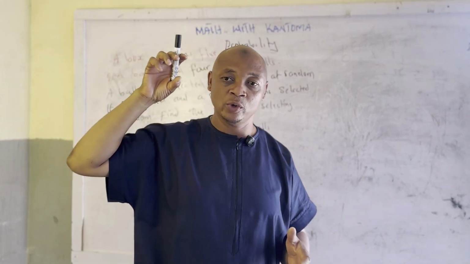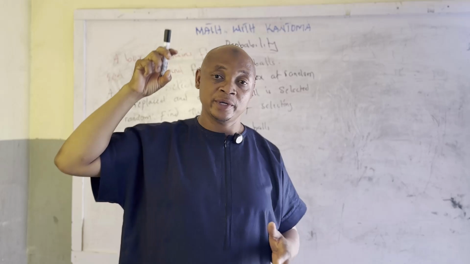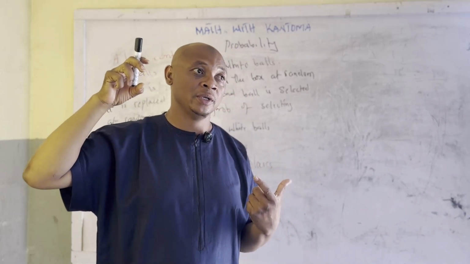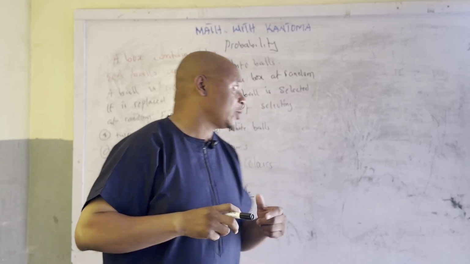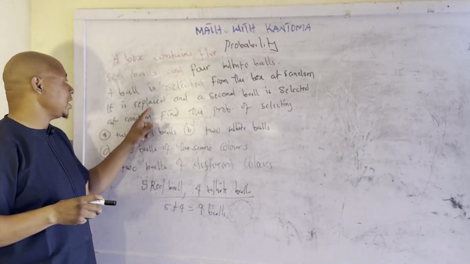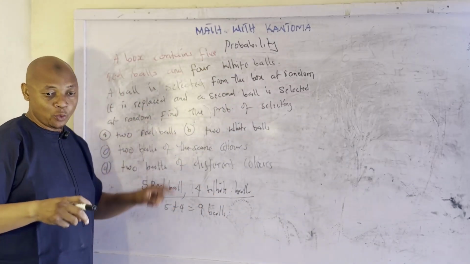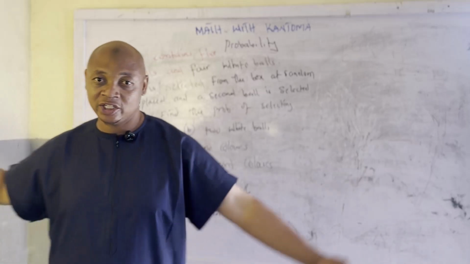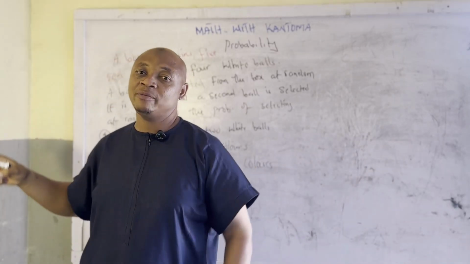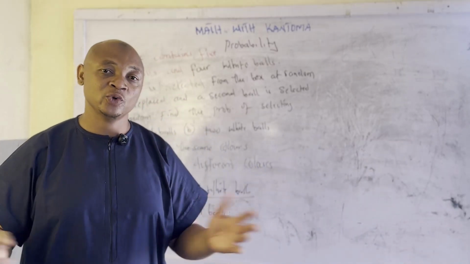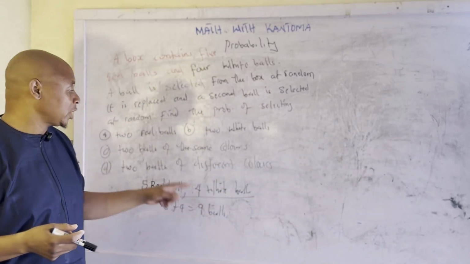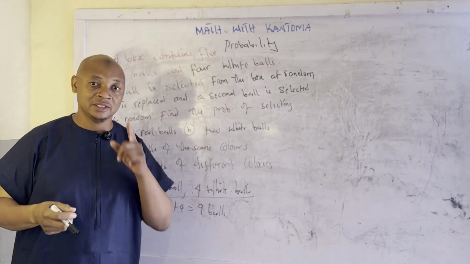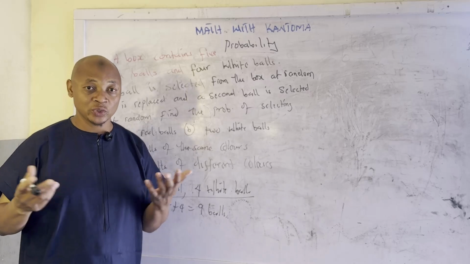When you pick the first ball from the box, out of the 9 balls, we are left with 8 balls. But they went further and said the ball is being replaced. Had it been without replacement, then the number would differ.